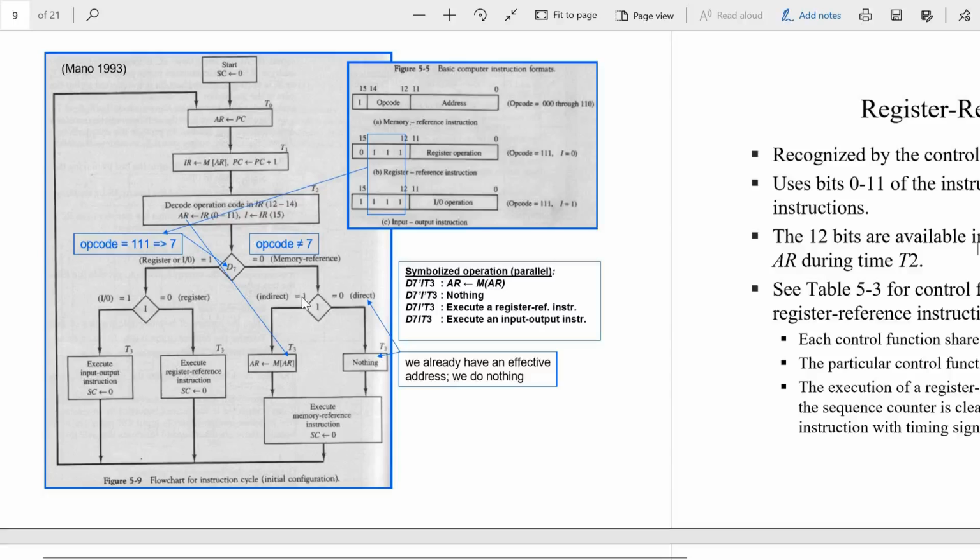Again, if it is indirect, it will perform address by address, so one more time it reads the address from memory and stores it in the address register. That address register points to one location, the data address, where the operand will be read, and it will perform that particular operation. That means the indirect way is executed, and the direct way is executed.